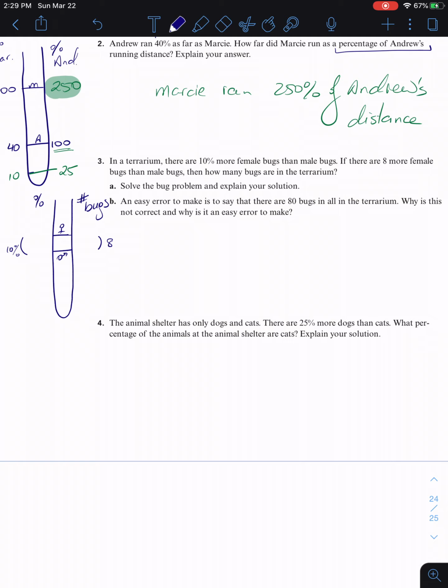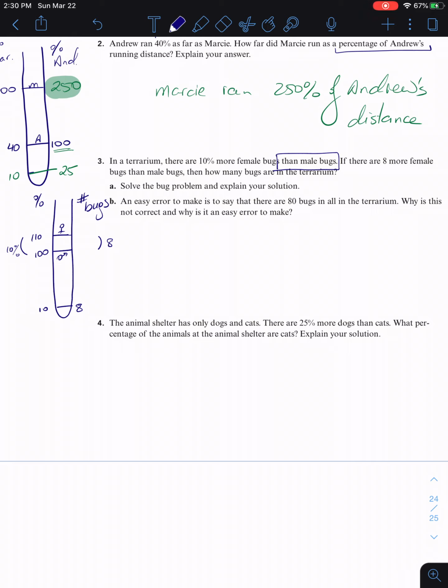So I wonder if we can figure out a way to have any other kind of equivalence. So first of all, where is the 100 here? There are 10% more female bugs than male bugs. We're comparing to male bugs. So this is going to be 100. So the female bugs is going to be 110. And if 10% of male bugs is 8, then what would 100% of male bugs be?